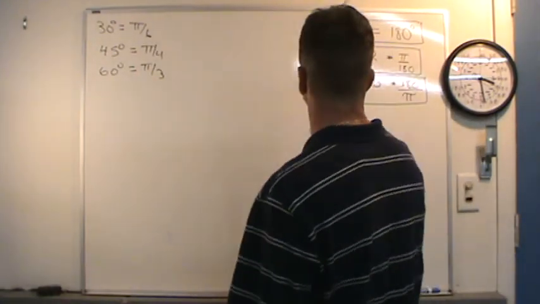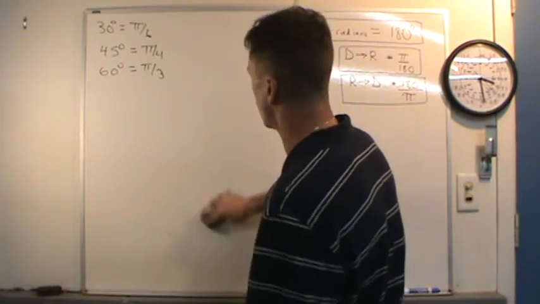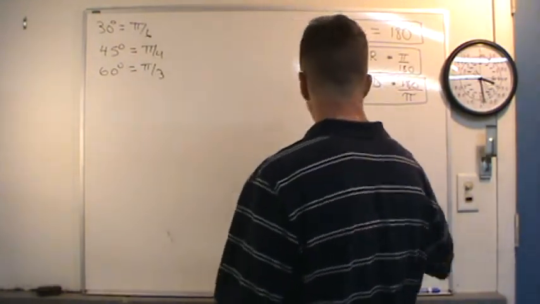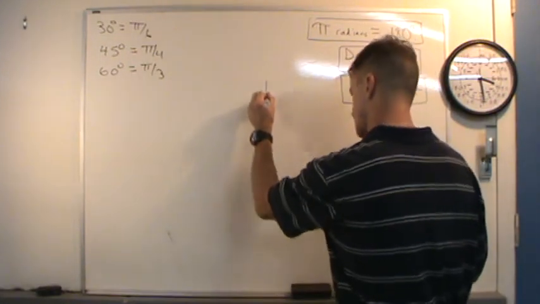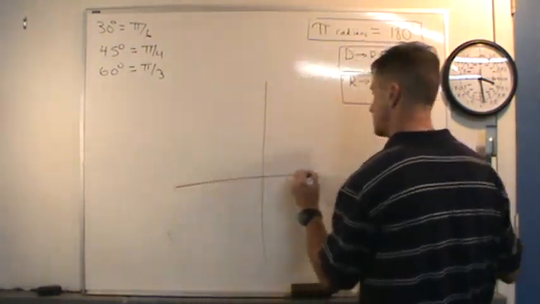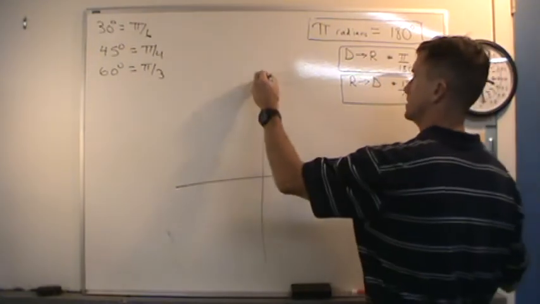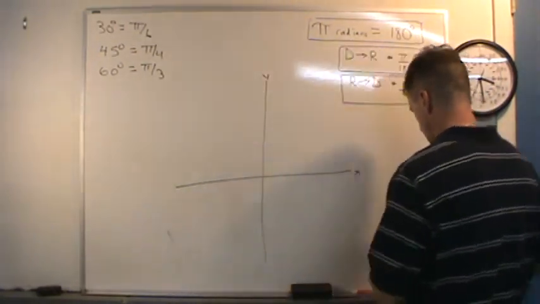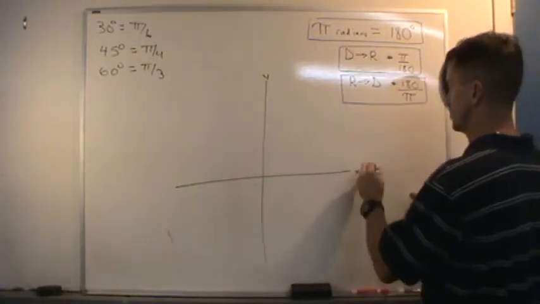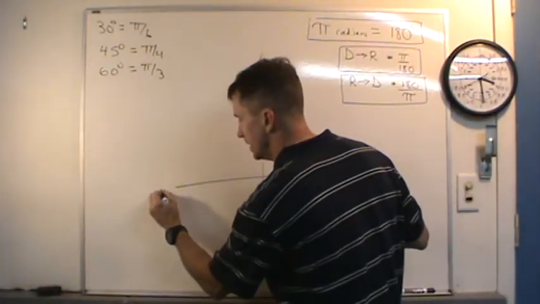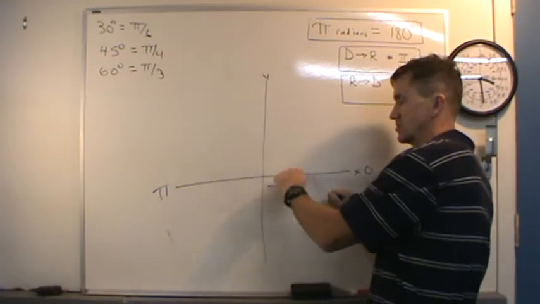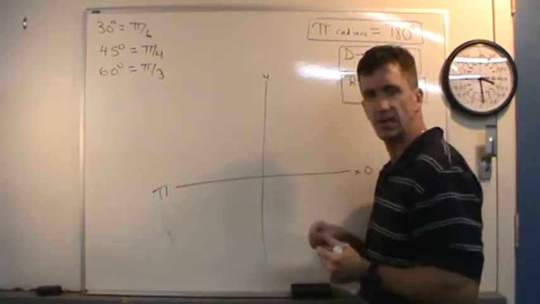Lastly, sometimes just drawing a diagram really helps you become familiar with all these angles and radian measures. So I'm just going to draw the Cartesian plane here, everyone. X, Y axis. Let's start with 0 degrees or 0 radians, and then pi is 180, so that would be an angle starting here, rotating 180 degrees.